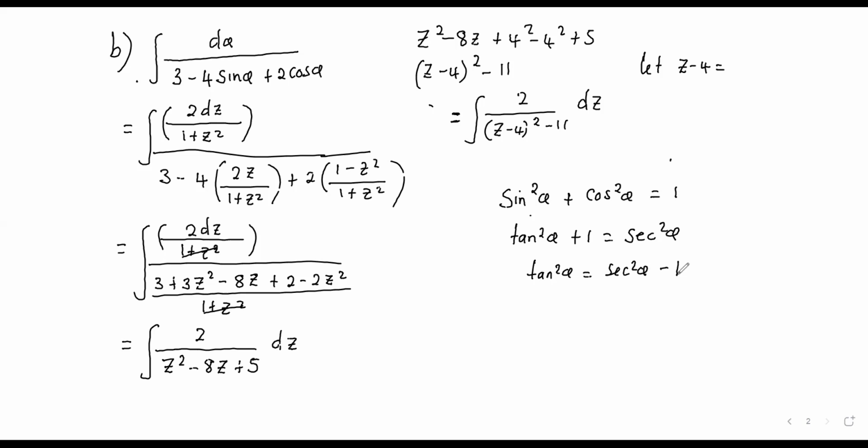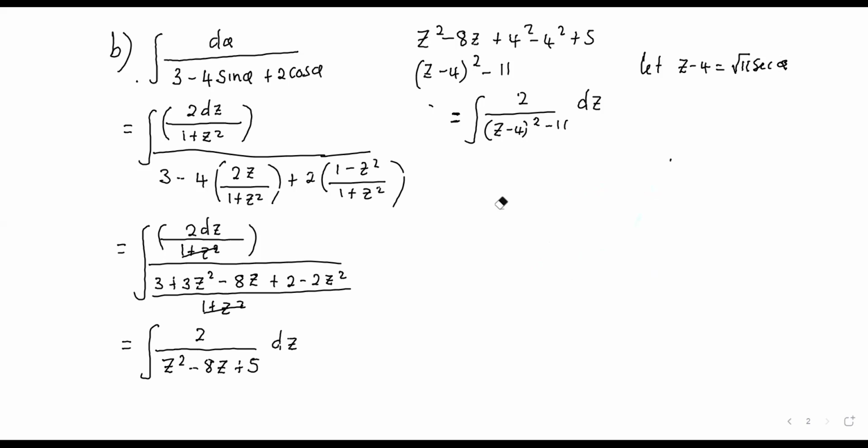It's a variable minus a constant. So it means that here we'll let z minus 4 be equal to a, which is root 11 sec theta. I'm trying to show you how not to forget. Then from there now you can have your dz.